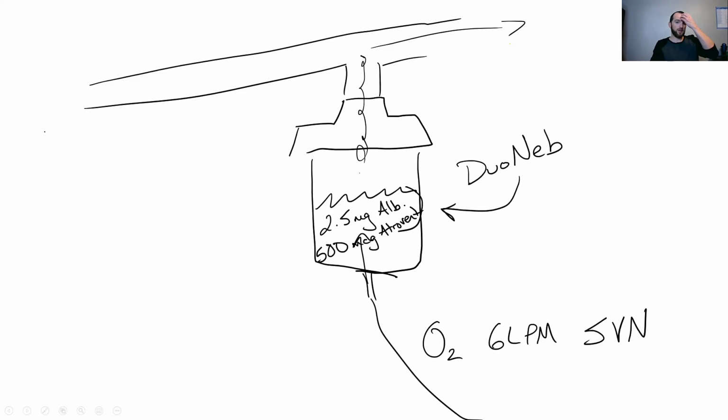Atrovent. Again, I've seen protocols that say for some patients, we're not even going to bother with the Atrovent. Other protocols say you can use Atrovent one time and that's it, you've got to call medical control. Other protocols say you can do it up to 3 times with the albuterol, and then after that, no more. It's up to medical control.